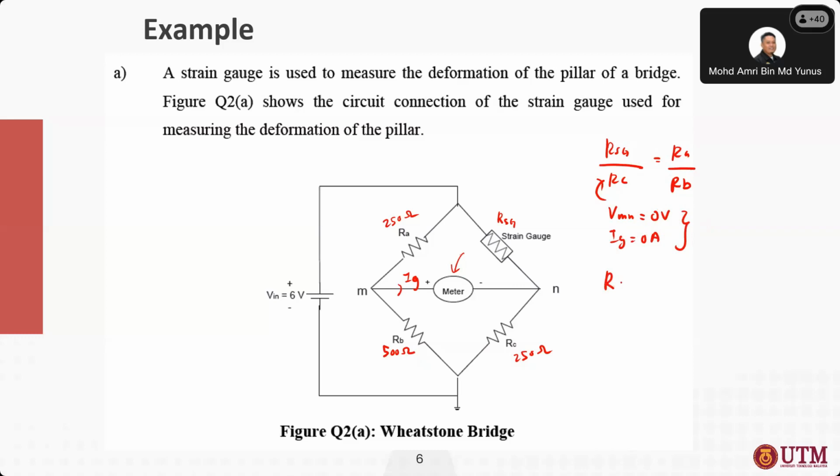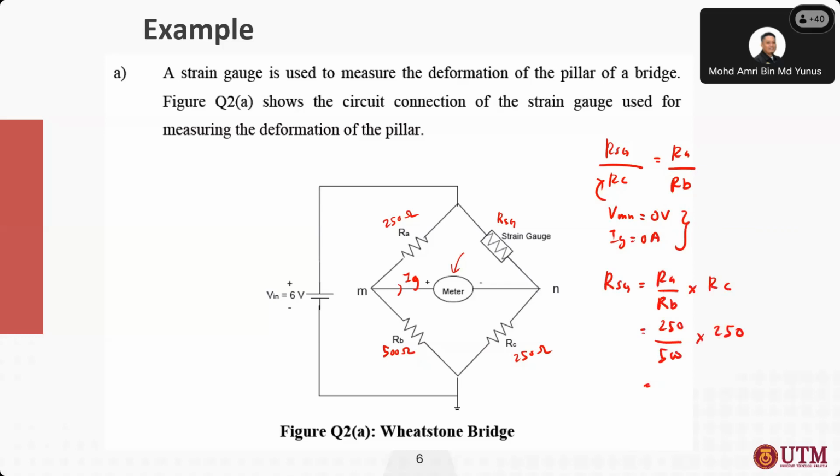RSG is equivalent to RA divided by RB multiplied by RC. So RA 250 divided by RB 500, multiplied by 250.